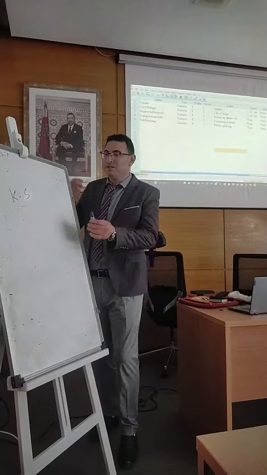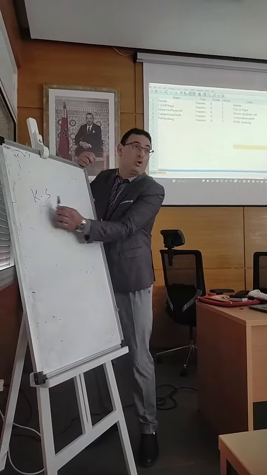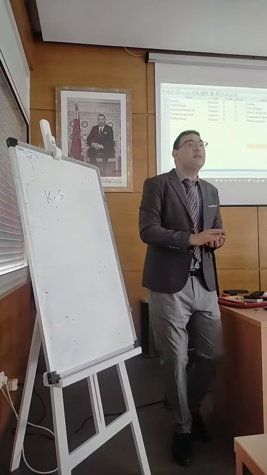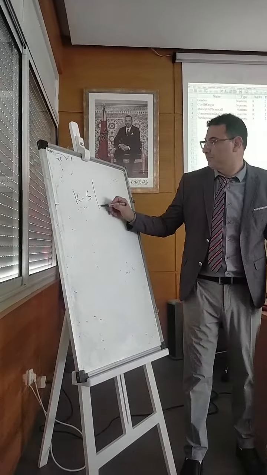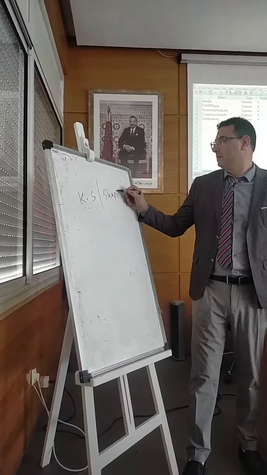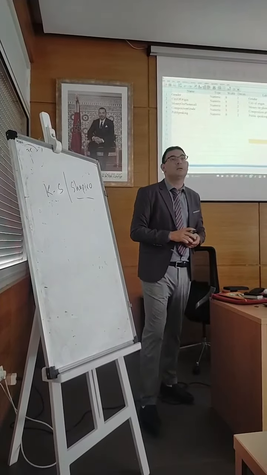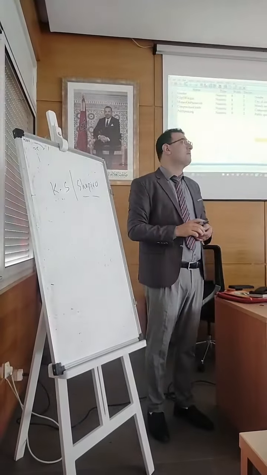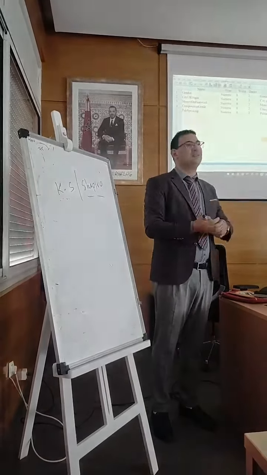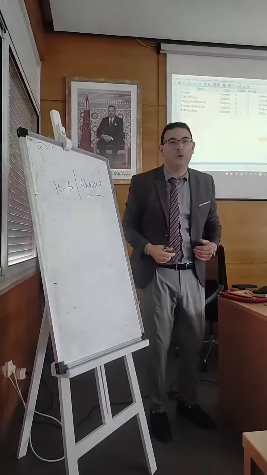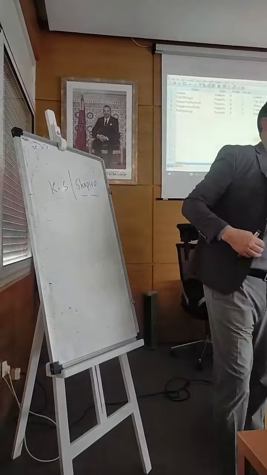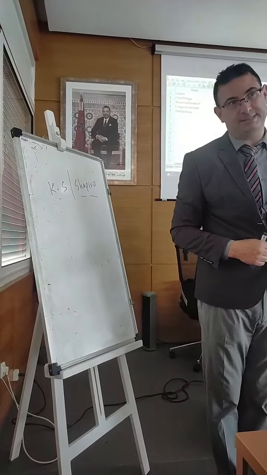So the Kolmogorov-Smirnov test, and then there is the Shapiro-Wilk. These two tests have the capacity of granting you the visa for the use of parametric tests like the independent samples test.